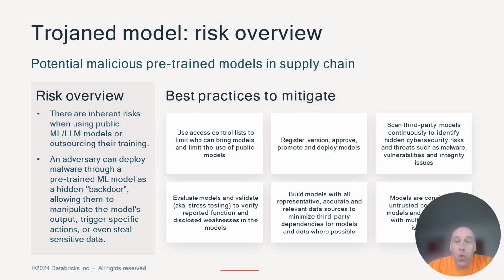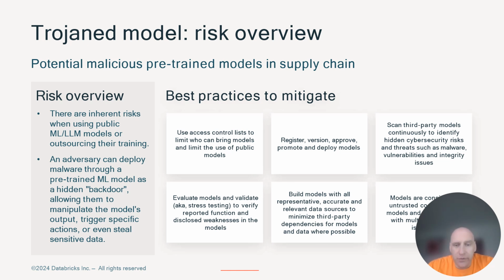So there are ways we can prevent this from happening, and the best practices to mitigate those things are using access control lists again to limit who can bring models and limit the use of public models. We need to evaluate the models and validate, aka stress testing, to verify reported function and disclosed weaknesses in the models. We need to register, version, approve, promote, and deploy models.